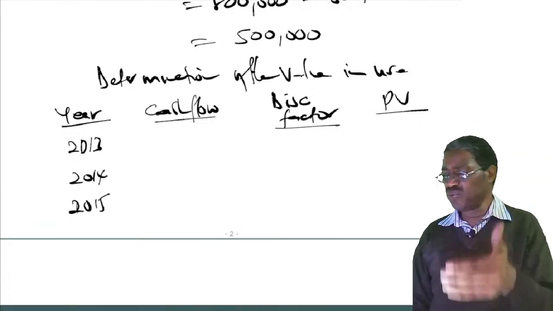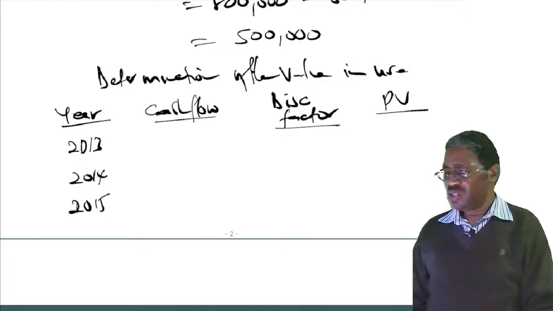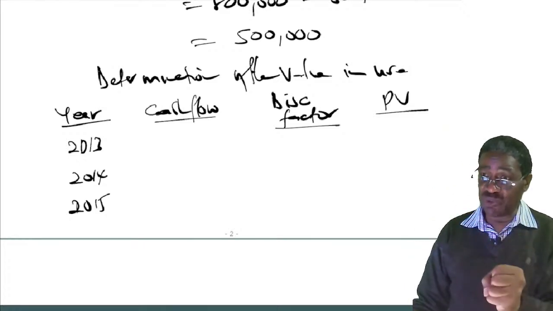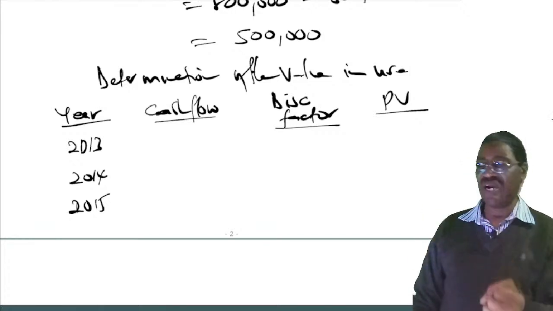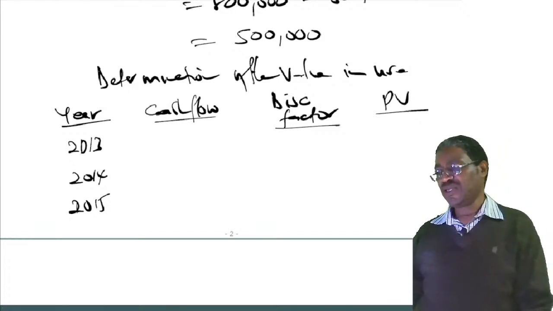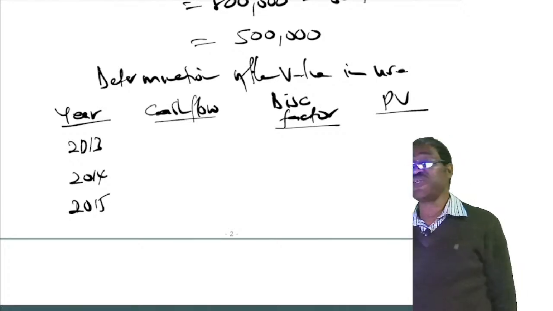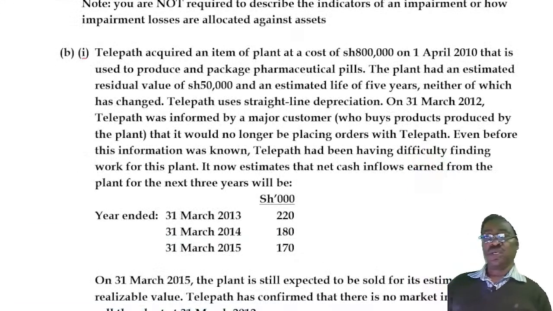So we are remaining with 3 more years. For those remaining 3 years, what are the projected cash flows? Get the present values for them. Now listen, we go to the question and pick the cash flows that will be generated. We are given by the table down there.